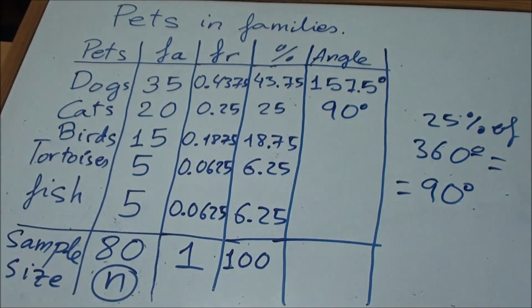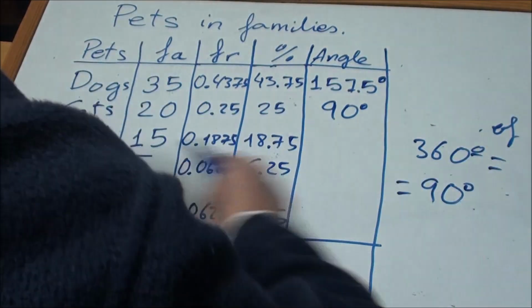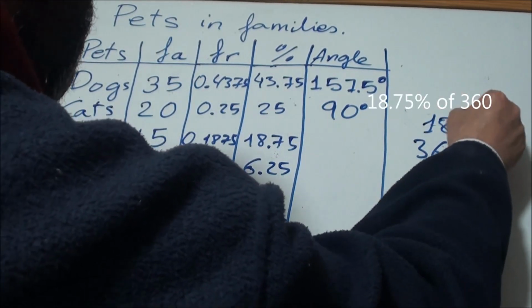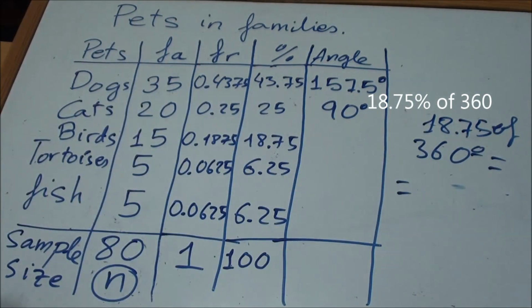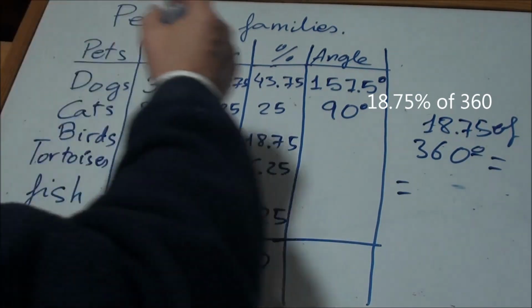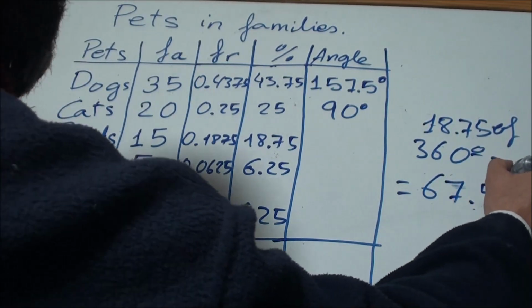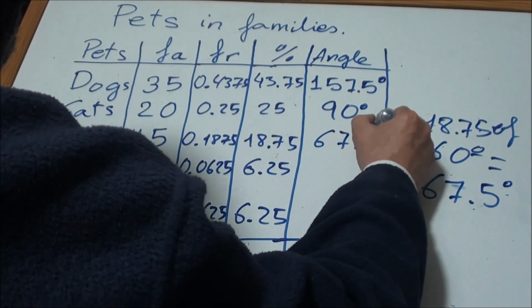Now 18.75, that is not obvious. So 18.75% of 360, and that is 67.5. You can do that with your calculator if you want. 67.5 degrees.